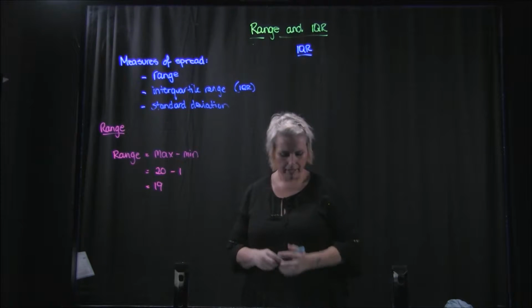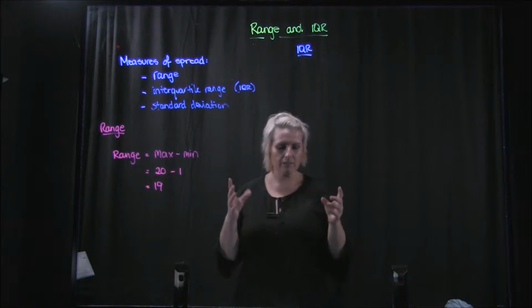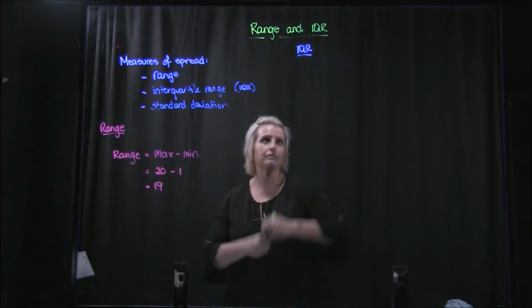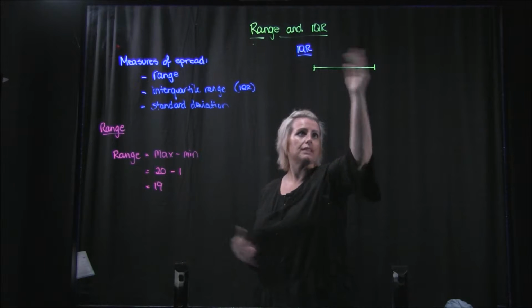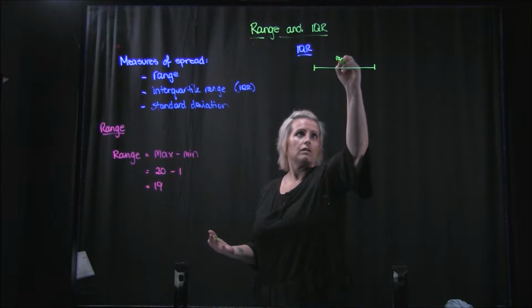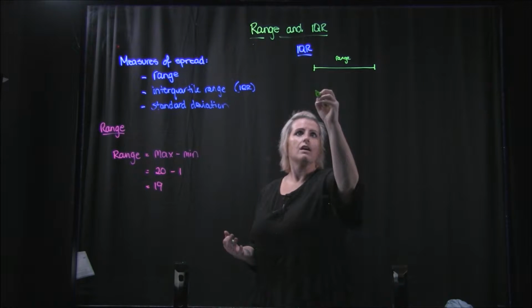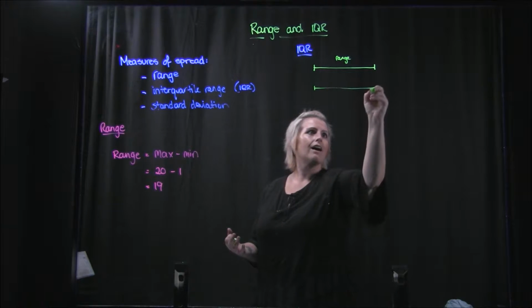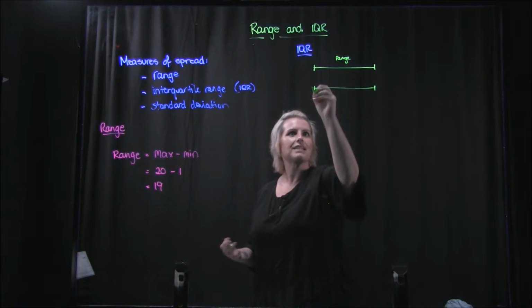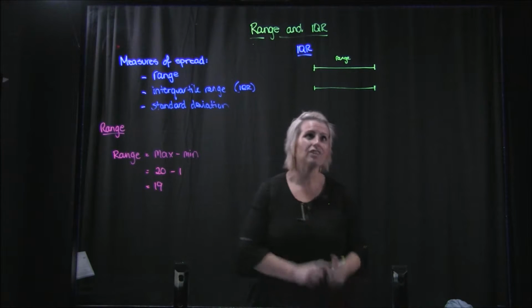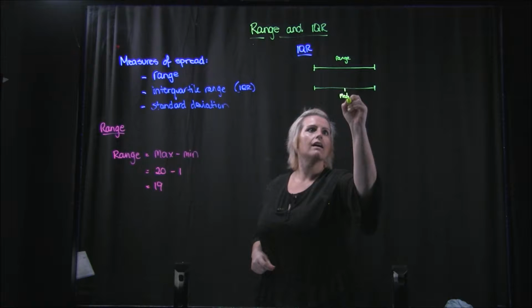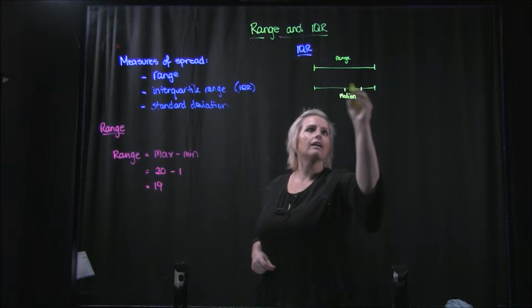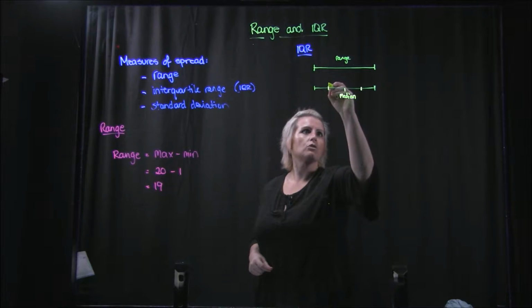Now interquartile range is basically looking at the spread of data. If I've got my data spread here, this would be the range, highest to lowest. When it comes to interquartile range, we look at the median as the middle of the data, and then the quartiles on either side.